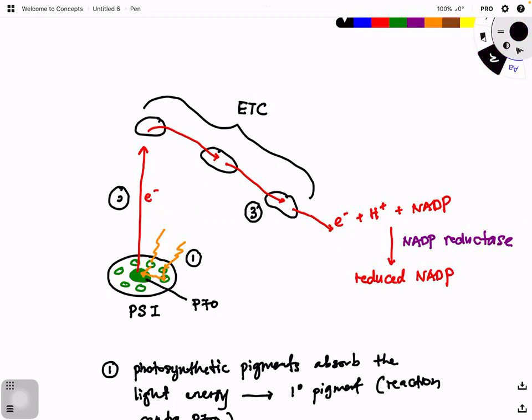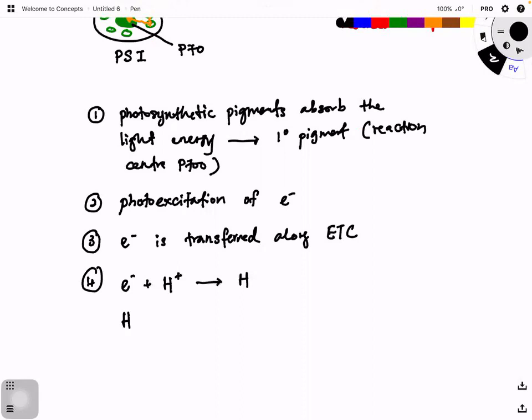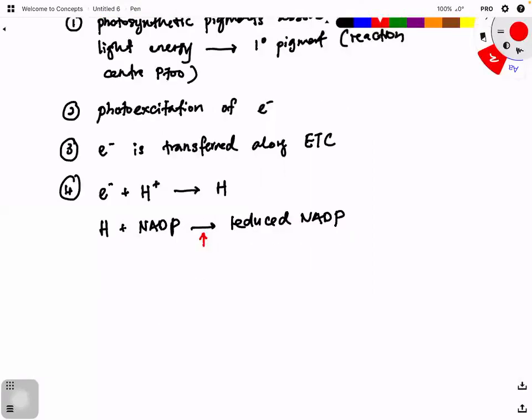Number 3: electrons are transferred along the electron transport chain, and then these electrons together with the proton form a hydrogen atom. This hydrogen atom is accepted by the NADP to form reduced NADP. The enzyme that catalyzes these reactions is NADP reductase.